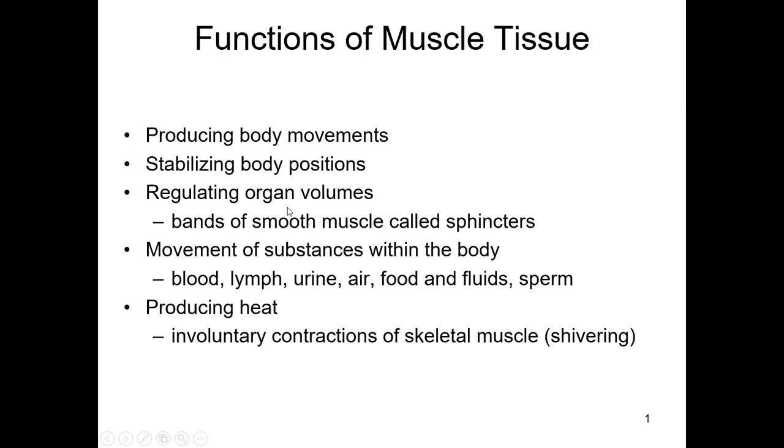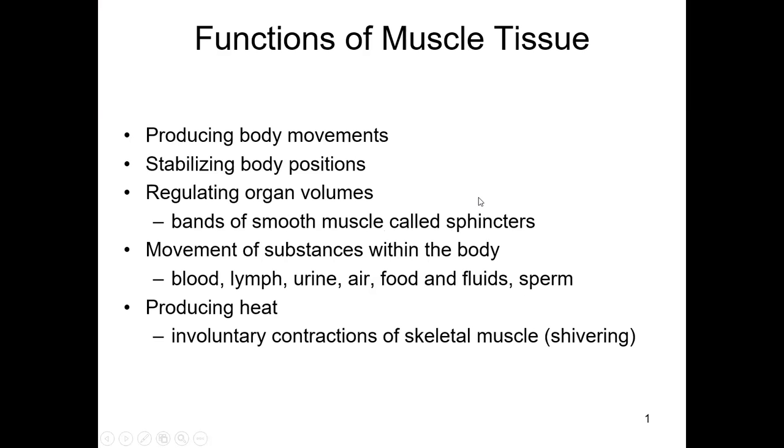If you want to regulate organ volumes, to release urine or fecal material from the body, we have smooth muscle sphincters that have to be relaxed for defecation or urination to occur.